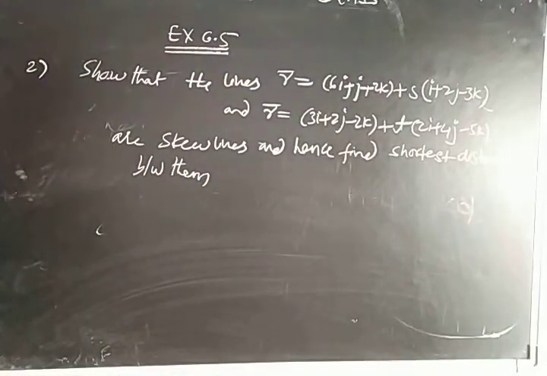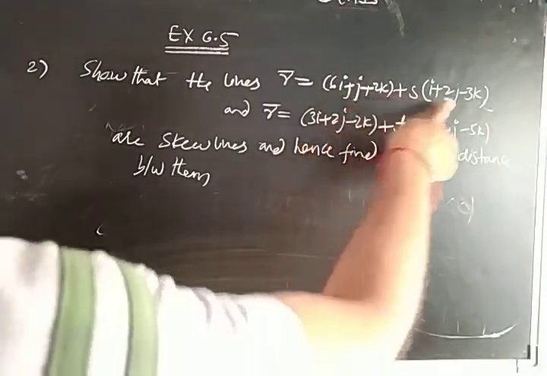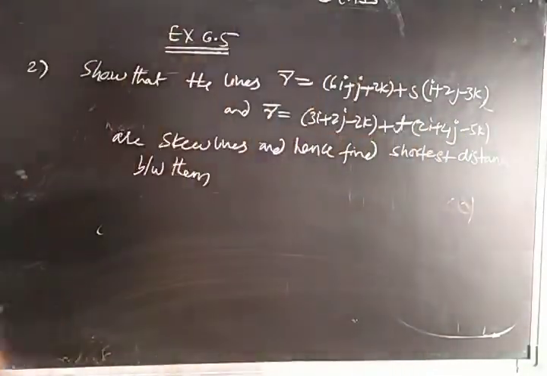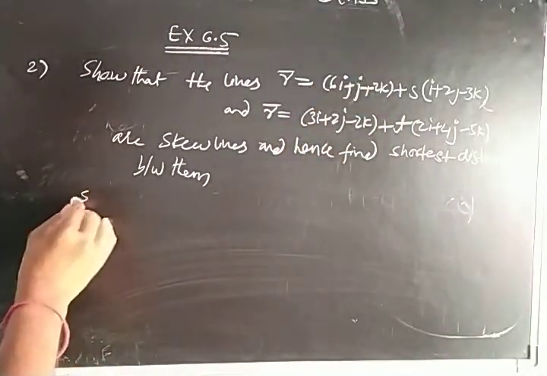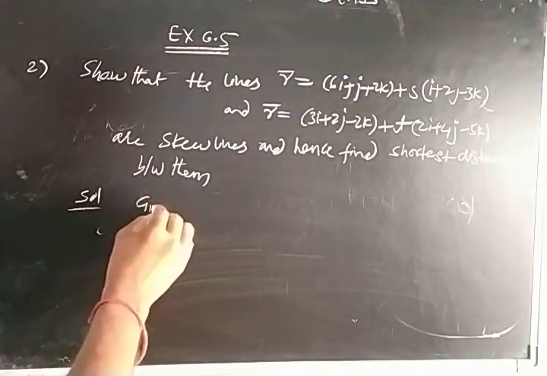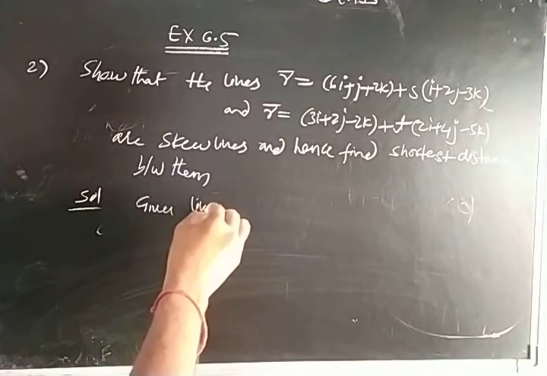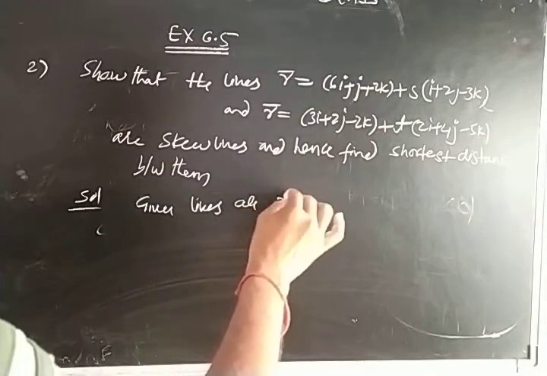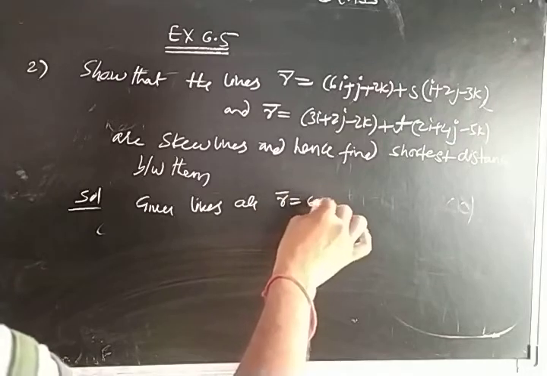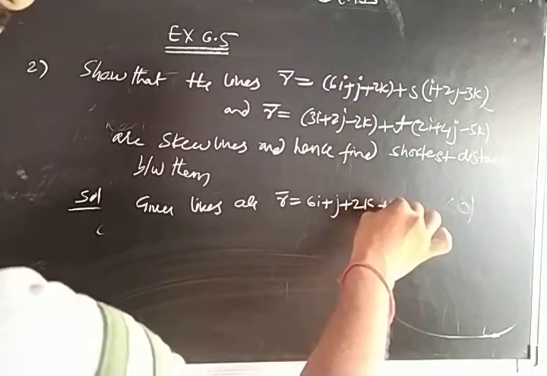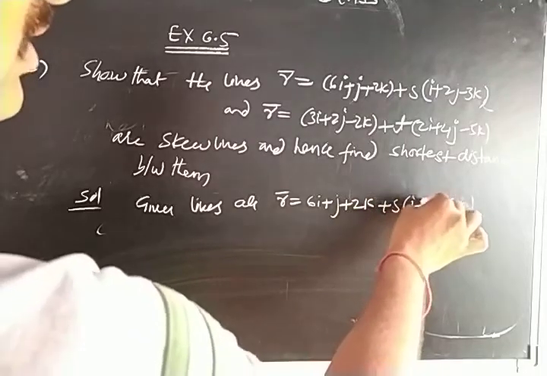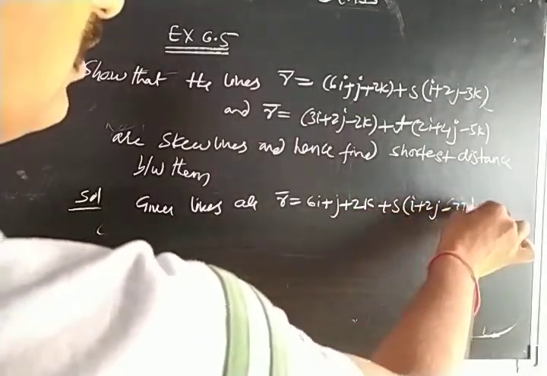Right? We have two straight lines. I am taking this as a bar, this as b bar, this as c bar, this as d bar, which are in parametric form. Solution. Given lines are r bar equal to 6i plus j plus 2k plus s into i plus 2j minus 3k.